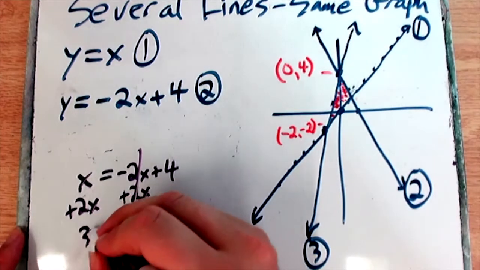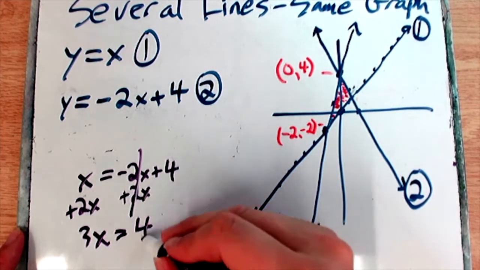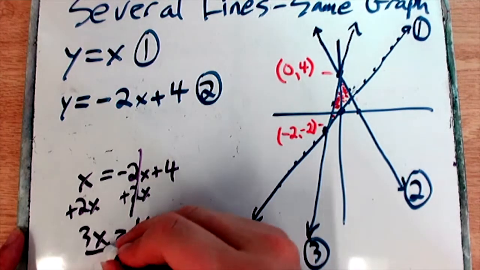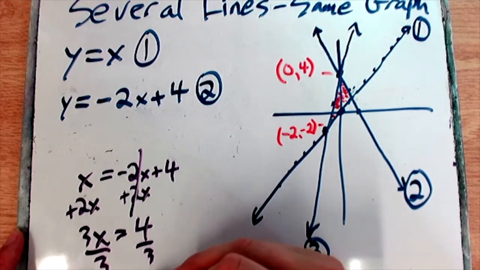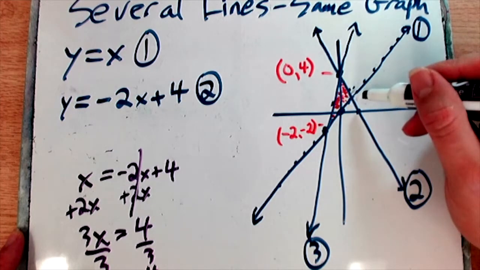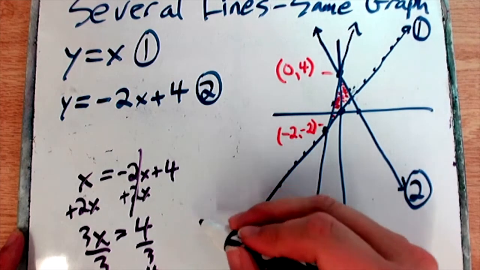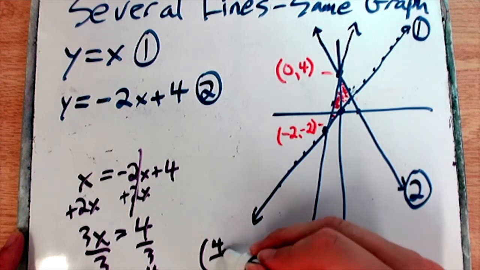So now we're up to 3x here. And 3x equals what's left here, 4. So if I divide both sides by 3, I get x equals 4/3. So I know this point of intersection, the first part of that is when x equals 4/3.